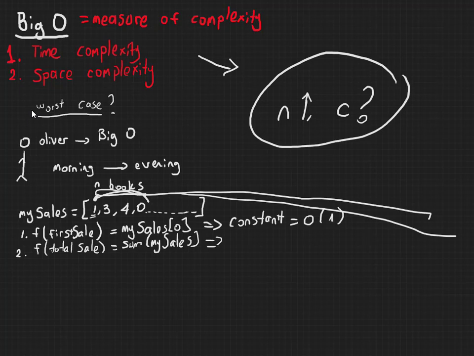My sum operation is going to change in a linear relationship with this total sale function. So I'm going to call this a linear time operation. Why? Because when my n increasing, my complexity is going to be increasing linearly in the worst case. So I'm going to call this O sub n as a linear time operation.